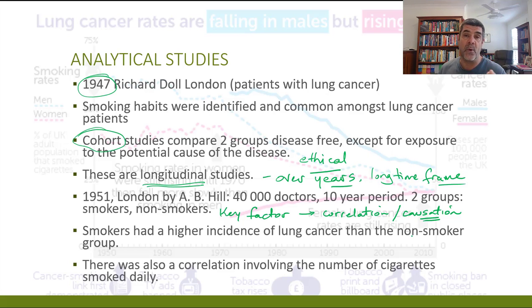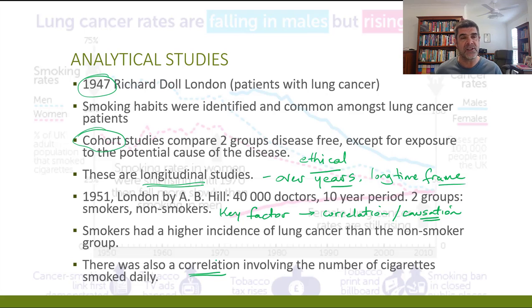And obviously be aware, because we're at this point in societal history around cigarette smoking, that yes, in fact, smokers did have a higher incidence of lung cancer than the non-smoking group, and not by a little, by a long way. In addition to that, there was also a correlation, a relationship between the number of cigarettes smoked daily and the incidence of lung cancer.